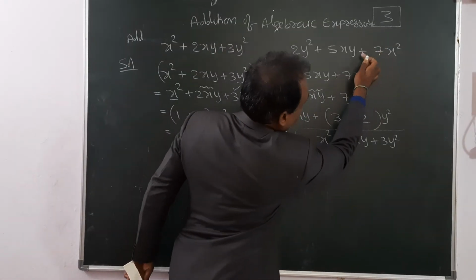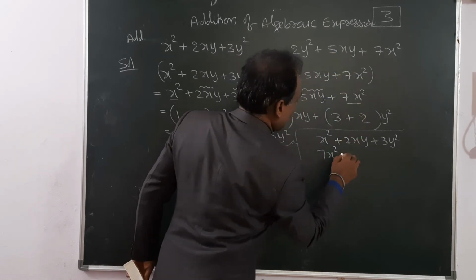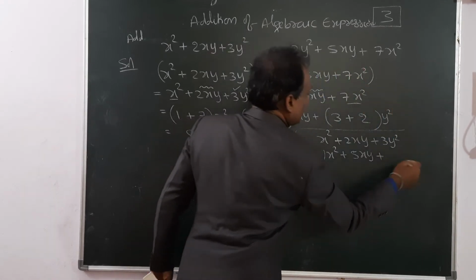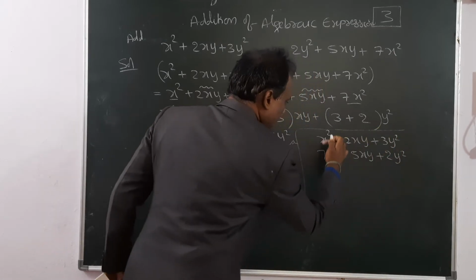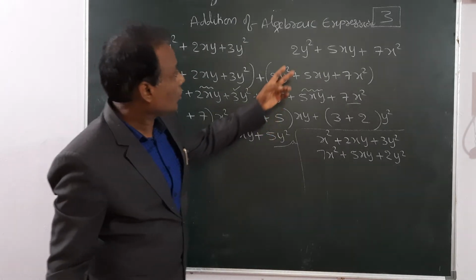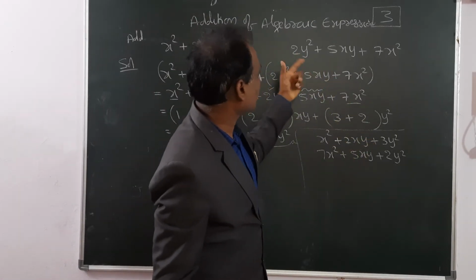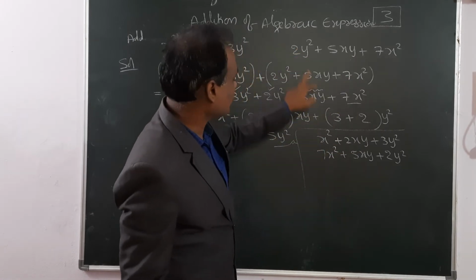What is the sign for the 7x square? Plus 7x square. Next I will write 5xy. This y square term I will write here. The first expression I wrote the same, but the second expression I am not writing in the same order, because if you write like that, we will get 2y square first.